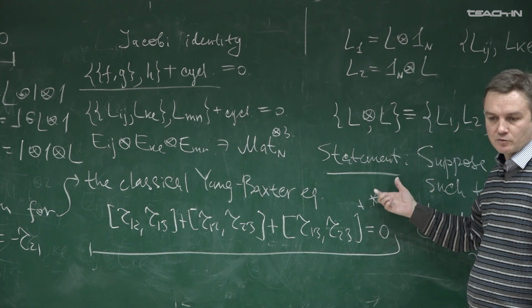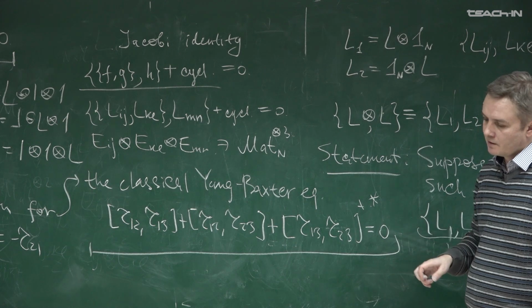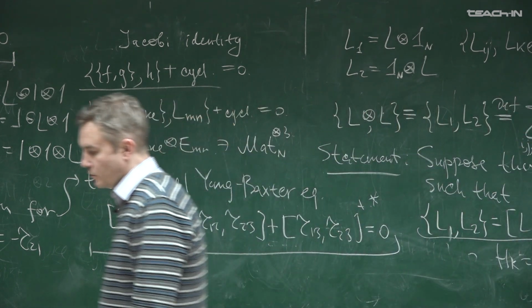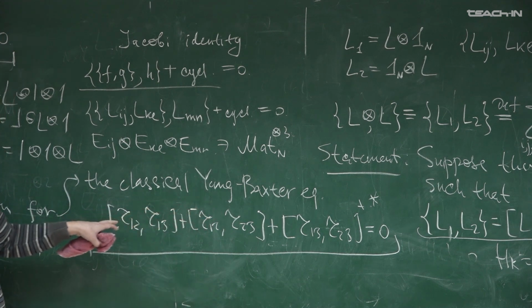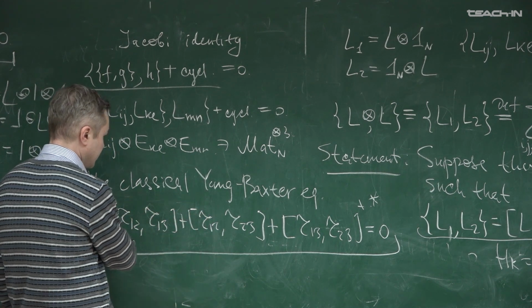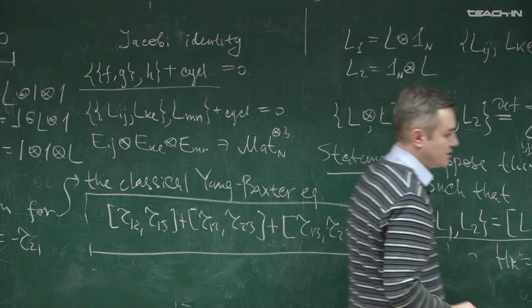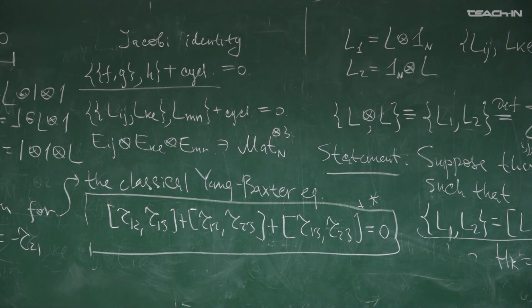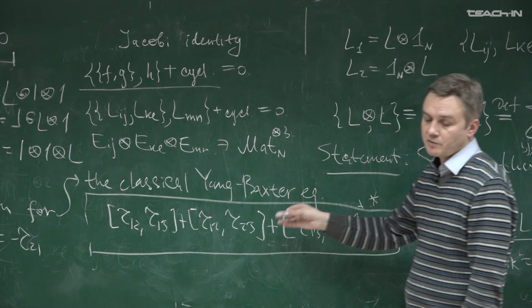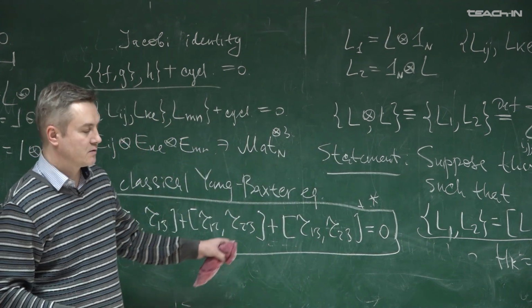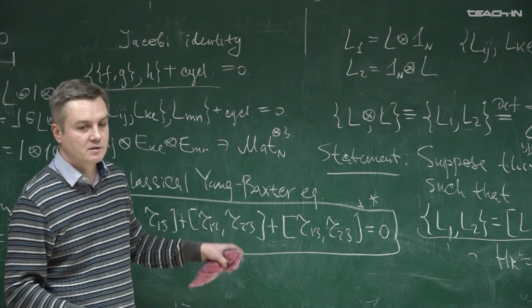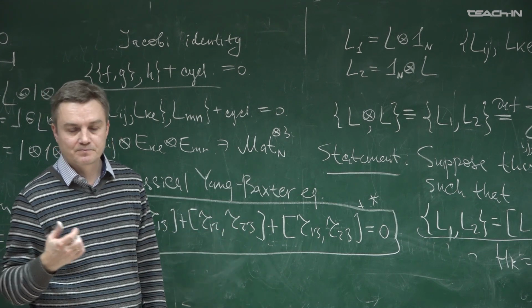So there are maybe some additional terms. But the simplest and clearest form of the Yang-Baxter equation consists of these three terms. This is the relation which defines the classical R matrix. You may try to find a solution to this equation, and if you find one, then you have an integrable system.